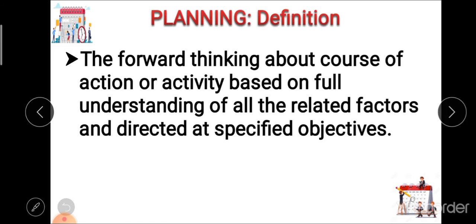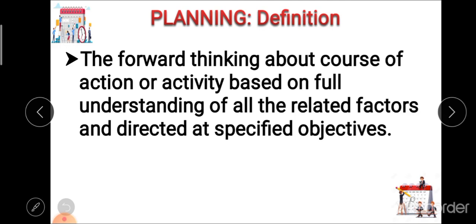So we can define planning as forward thinking about a course of action or activities based on full understanding of all the related factors and directed towards a specific objective.